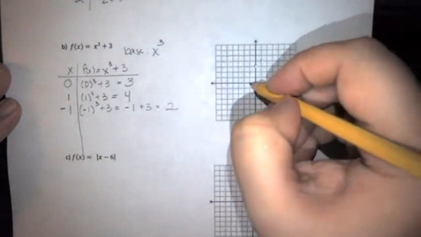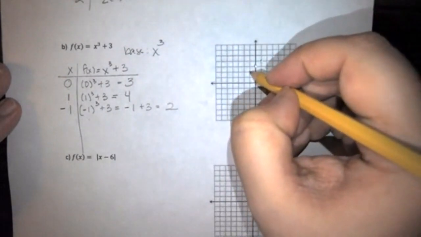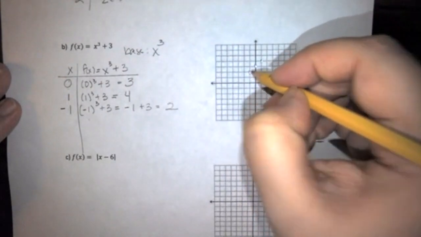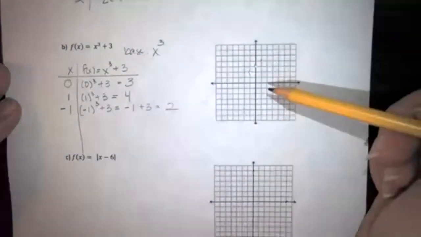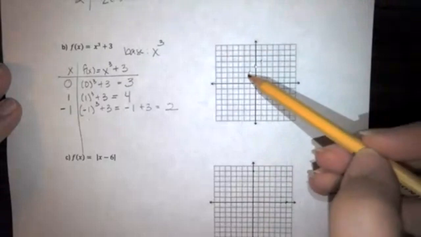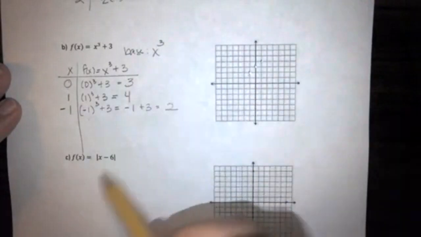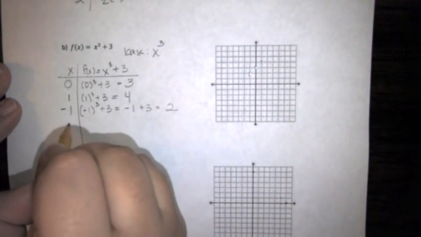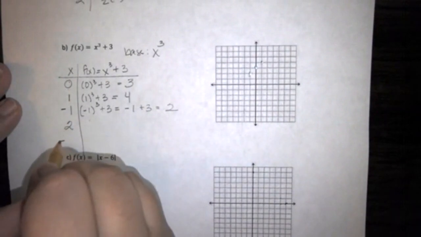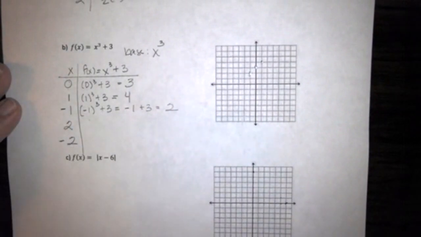And then we went negative 1, but in that case we only went up 2. So if you look at it, it does appear to be linear, but it's cubic, so it's going to be curved a little bit. But now we need to know what's going on with our curve. So I'm going to go 1 more on either side, and I'm going to look at 2 and negative 2.